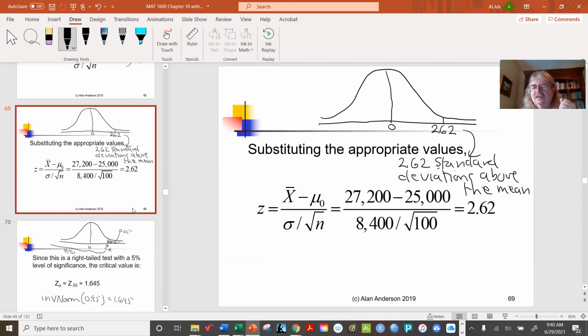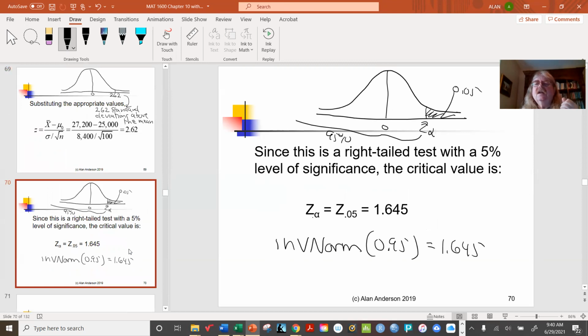It's not that high. So we can come up with that, of course, from the tables or INV norm. So in other words, what this is telling us is that if our test statistic exceeds 1.645, we're going to reject the null hypothesis.